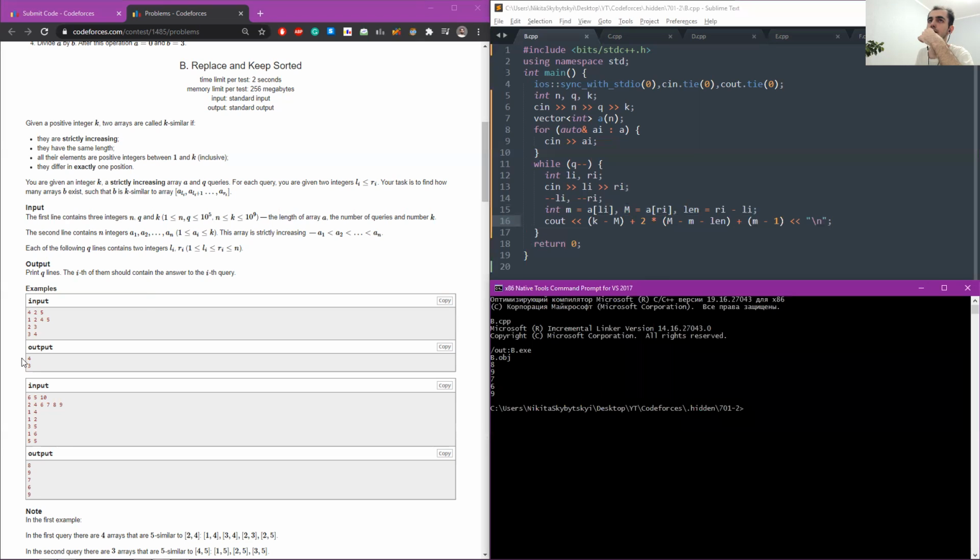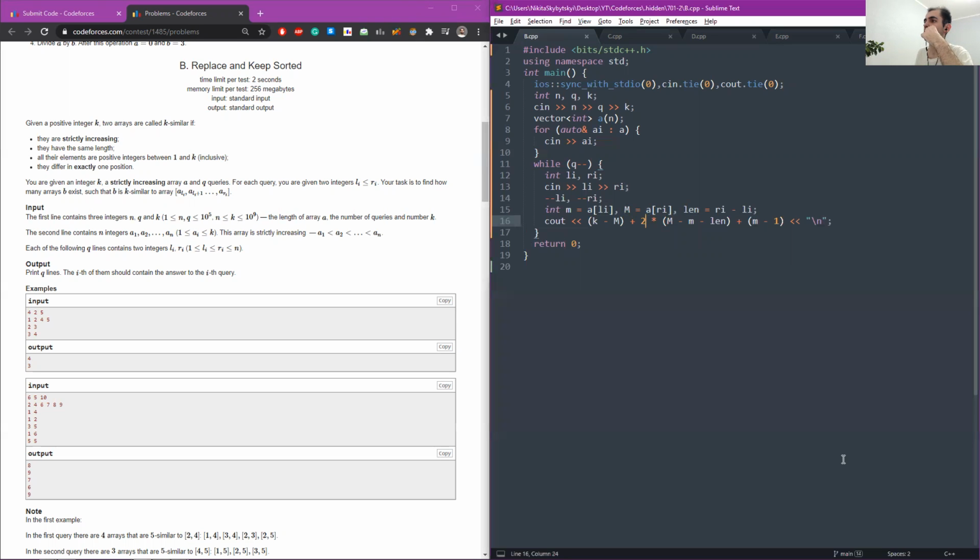Should I care about overflowing anywhere? I may actually care. Oh, these are indices, but this can be quite big. Okay.